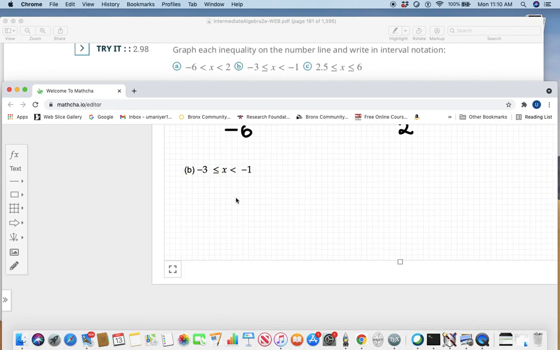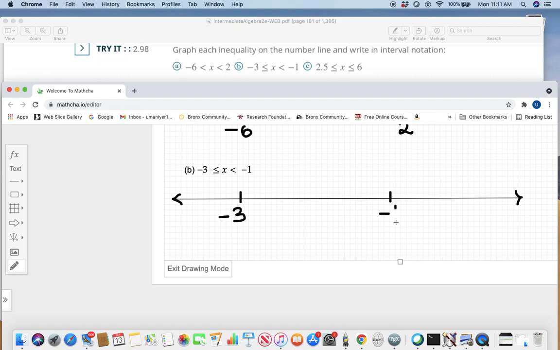So, number line. Somewhere here is -3. Somewhere here is -1. Okay, notice -3 is less than -1 and x is between the two.